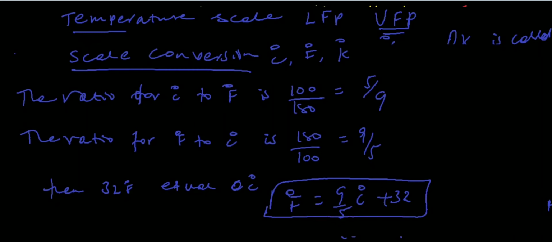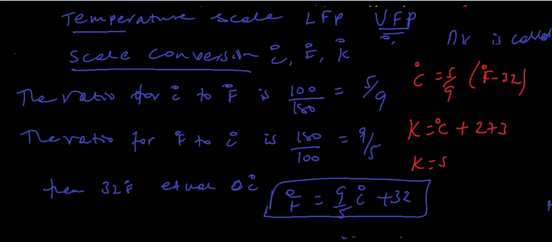And degree Celsius equals 5 over 9 into degree Fahrenheit minus 32. Kelvin is degree Celsius plus 273. Also Kelvin is 5 over 9 into Fahrenheit minus 32, plus 273. This is to change Fahrenheit into Kelvin. These are some basic units of degree Fahrenheit and degree Celsius.